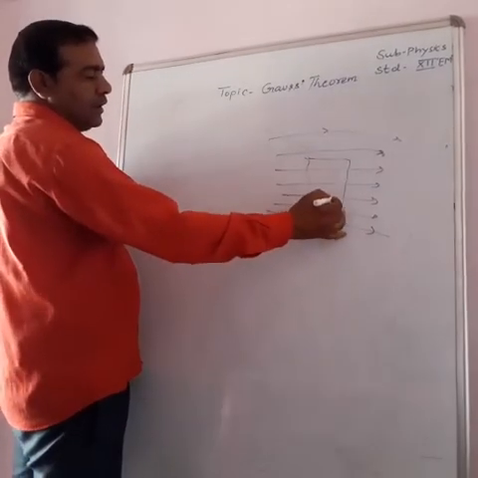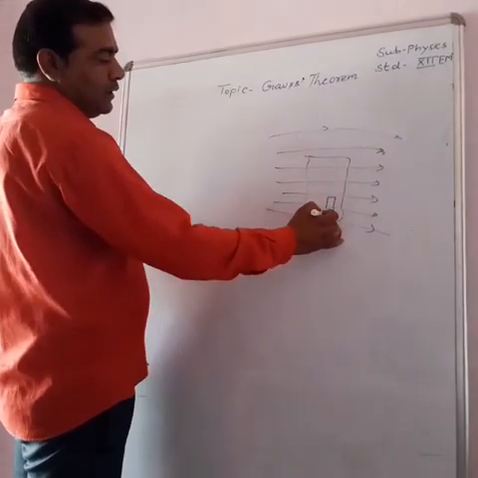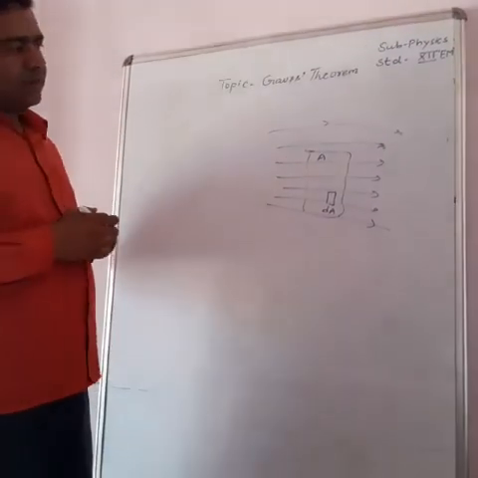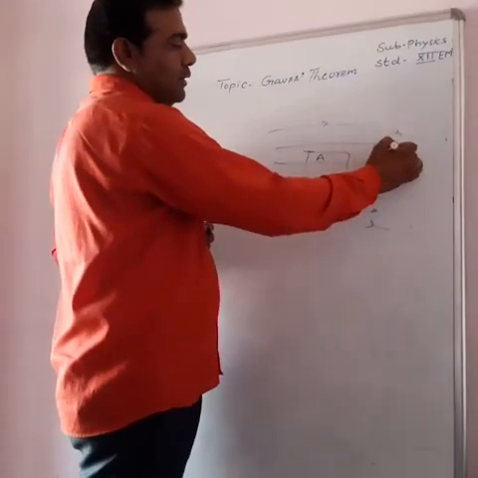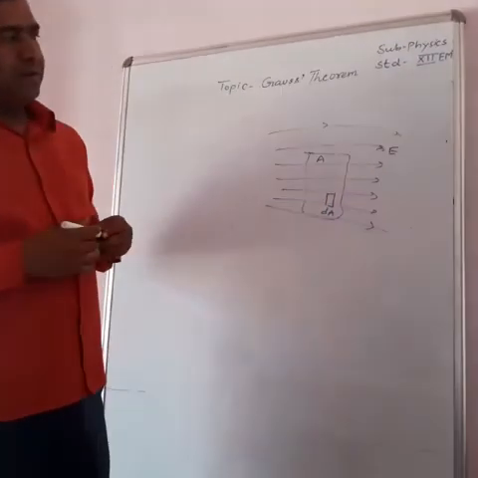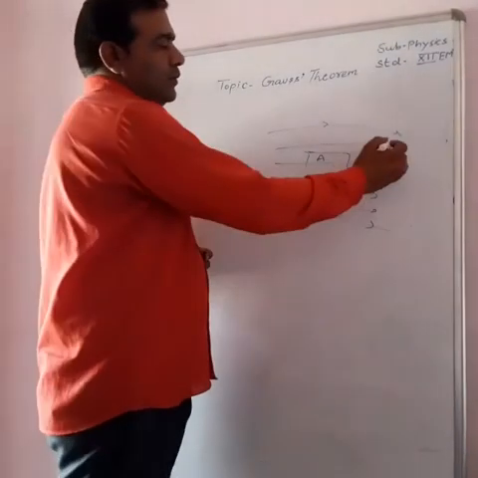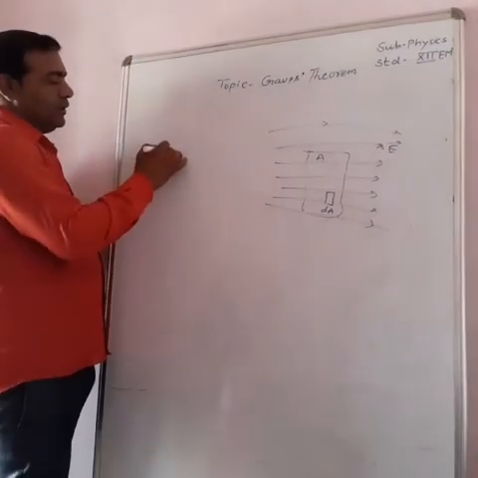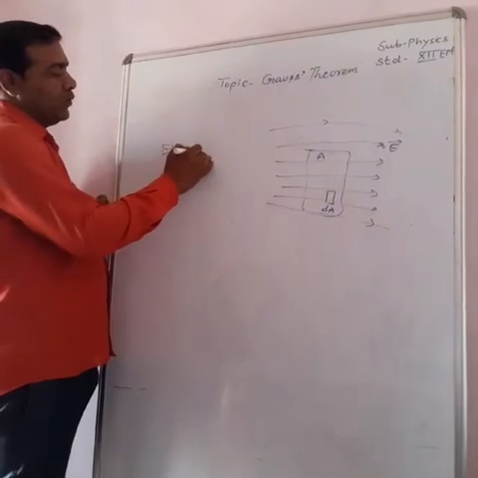Let here a small area vector dA be the taken area, and the electric field can be expressed here. Electric flux.